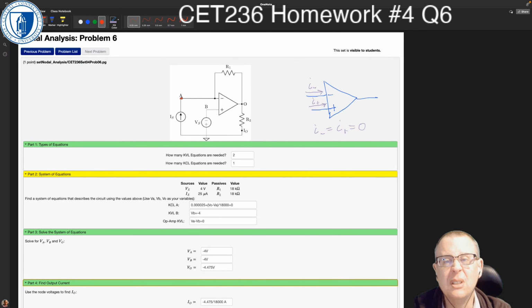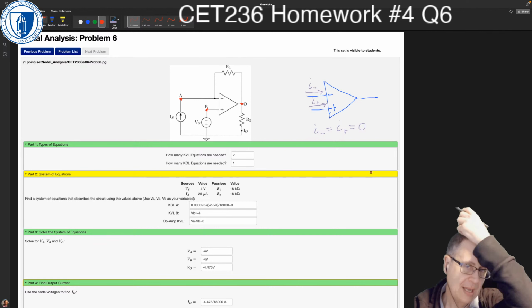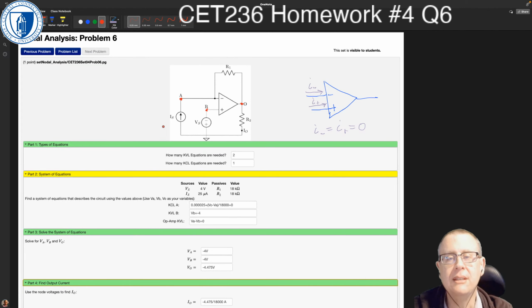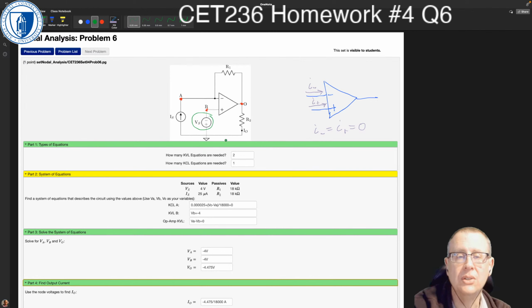There's a node here at node A, a node here at node B, and a node here at node C. One thing I can see immediately is that we have a voltage source connected between one of the nodes, node B, and the reference node. So that means we have at least one KVL equation.